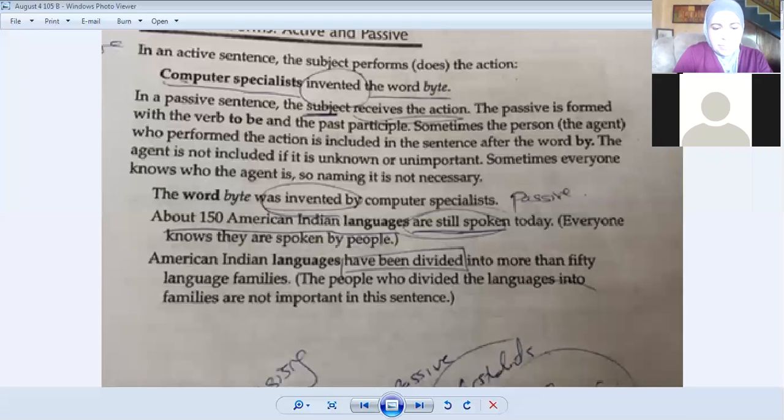Here you go. The object becomes first in the passive sentence. Then the verb, which has the auxiliary and verb 3, and then the complement, and then by subject, as you can see.